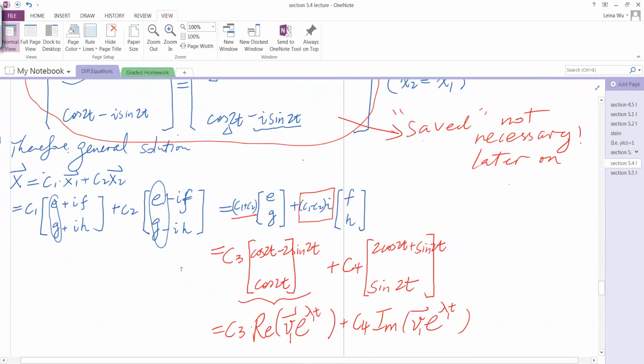The shortcut will just be to focus on lambda 1 and v1. You only need to focus on one part of the conjugate, one eigenvalue and its eigenvector. That should be enough for writing out the general solution.